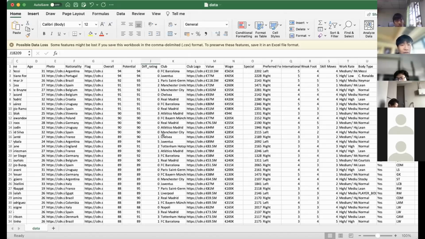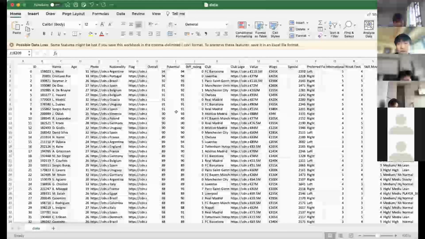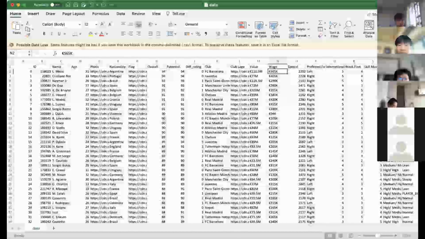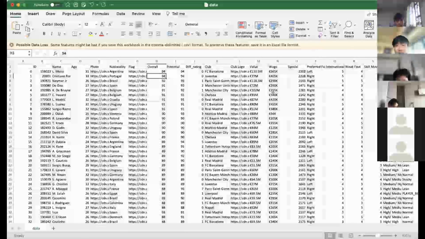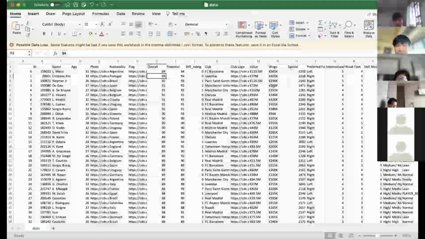So I found the data set of FIFA soccer player ratings and all the data including the wage and the rate. Oh, you got the wage. That's good, because last time I think you mentioned you don't have the wage. Wow. Okay.